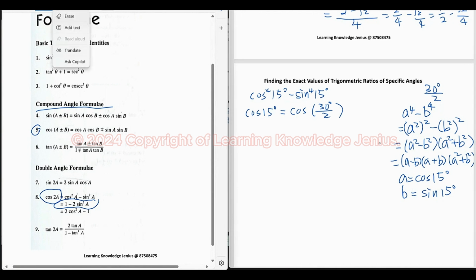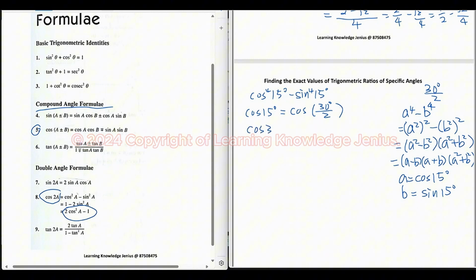Again, referring to the formula list here, for the cosine 30 degree, we will use this one. So we have cosine 30 degree is equal to 2 cosine square 15 degree minus 1.